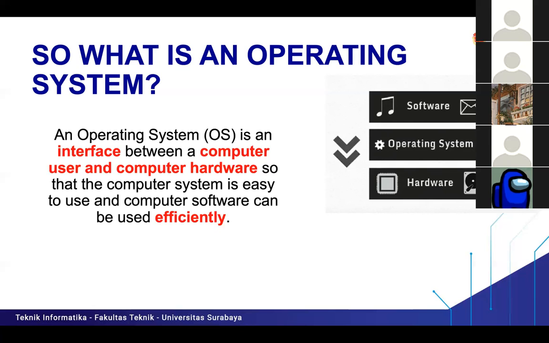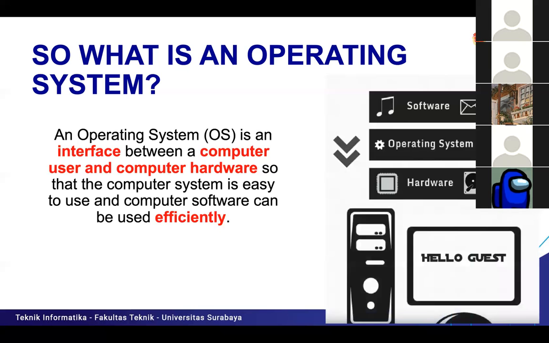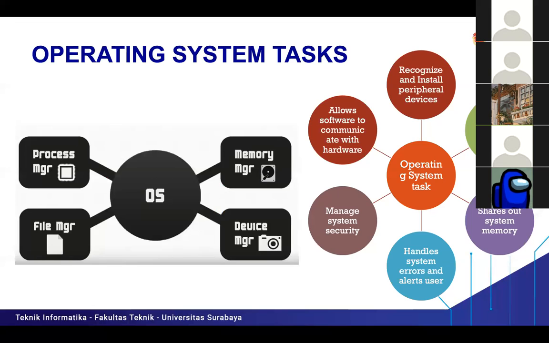If you use a laptop, your battery may also last longer. So the operating system makes your computer run efficiently. Actually, the operating system is the most important thing in your computer, and it is also the interface between the user and your computer. This is the important thing about the operating system.